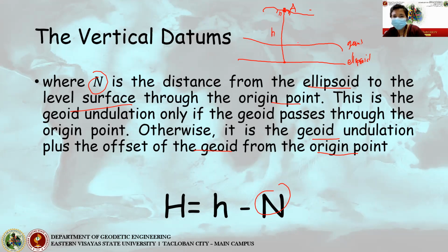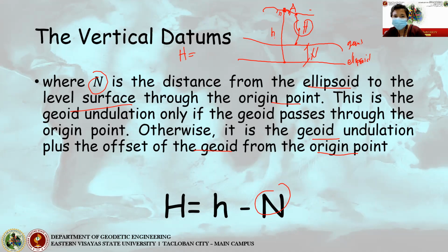And then from the geoid to the surface of the Earth, this here is the orthometric height, H. Then your N can be computed as, how are we going to get the H?